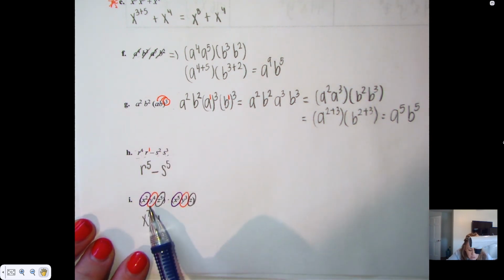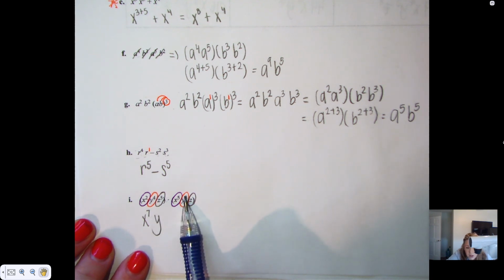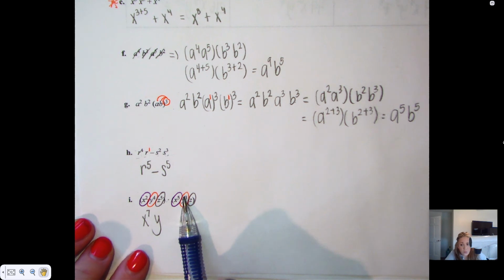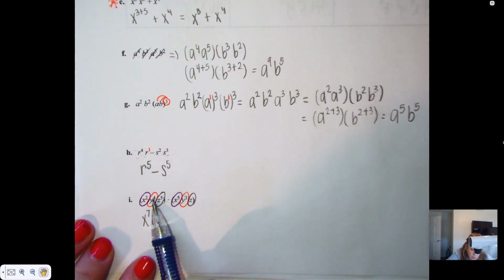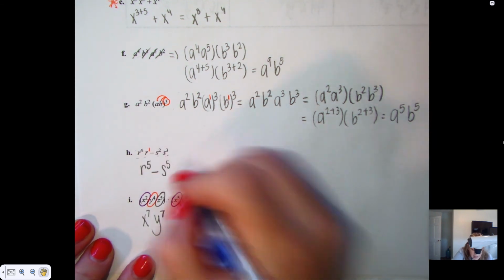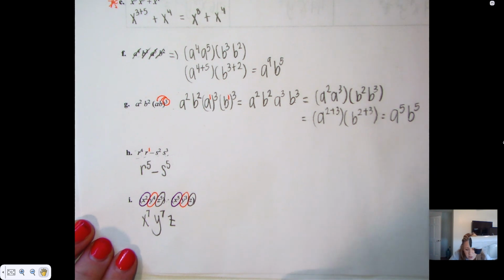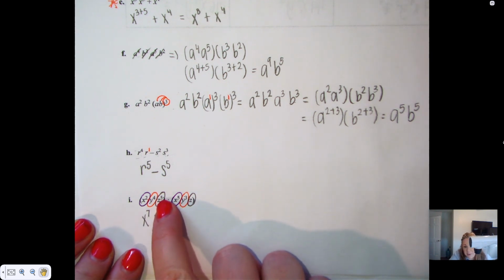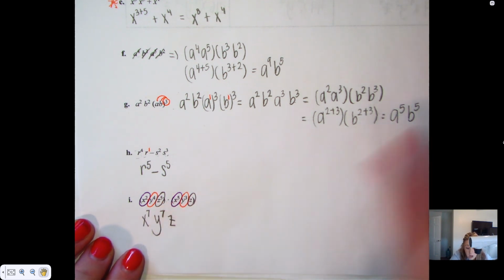y, I have y to the 4th times y to the 3rd. That means that they're being multiplied together. When they have the same base and they're being multiplied together, I add the exponents. So I have 4 plus 3 is 7. And then z. I have z to the 5th times z to the 1st power, okay?